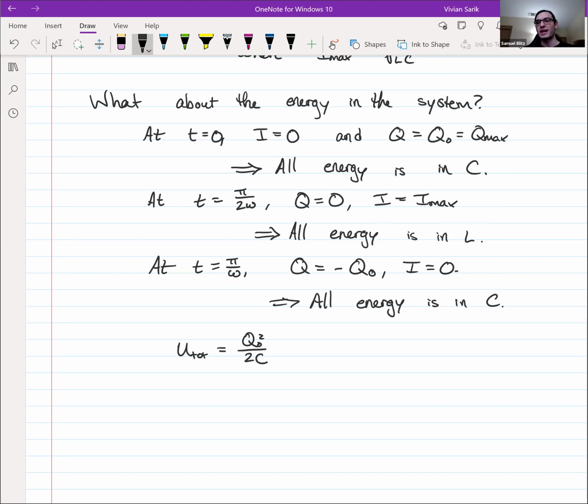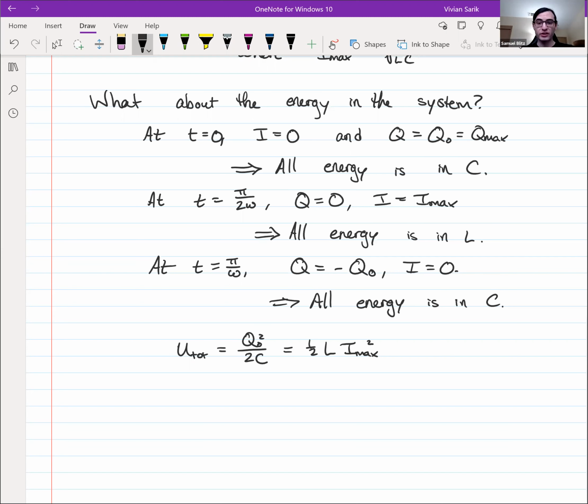That's the energy in a capacitor when it's fully charged, but it's also 1/2 L I max squared. And so you can relate the total energy to either of these things. And again, this hopefully isn't surprising. There is a good example of this in the Liber text involving an LC circuit. It's example 5.4.1, and I suggest you check it out.